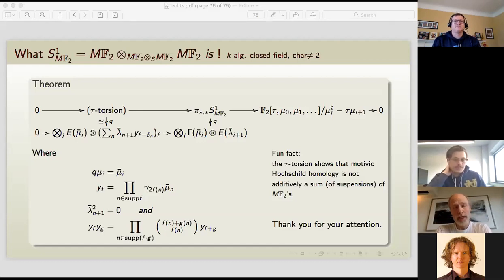No. I don't see any reason why one would hope that. If that program is going to work, one has to see something more than what happens in the topological case.